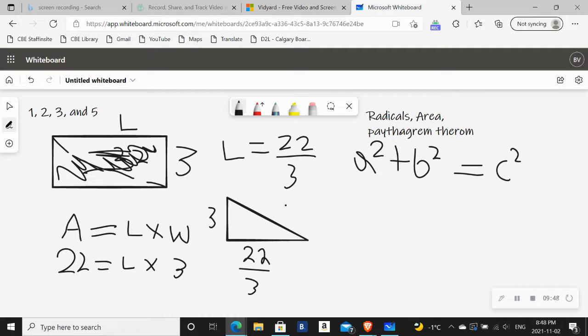And afterwards, we would want to put it into our Pythagorean formula. And so that would look like 3 squared plus 22 over 3.